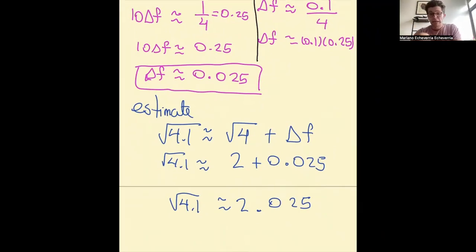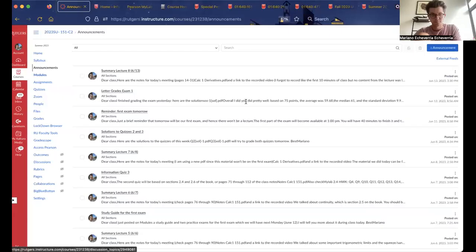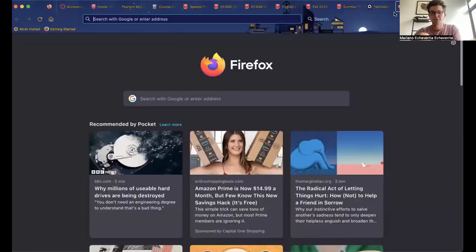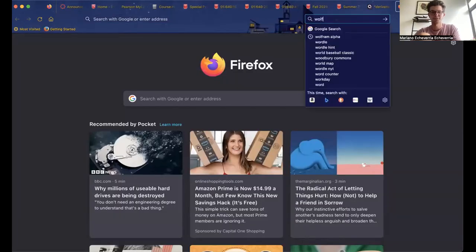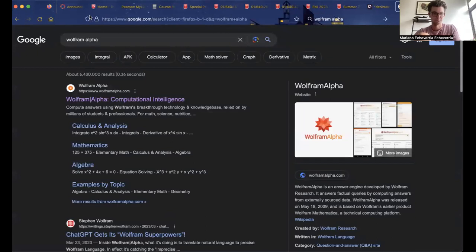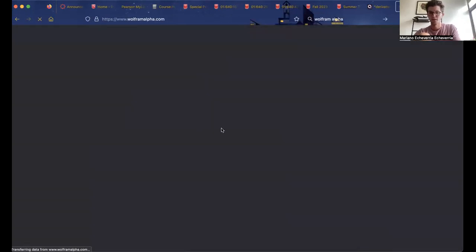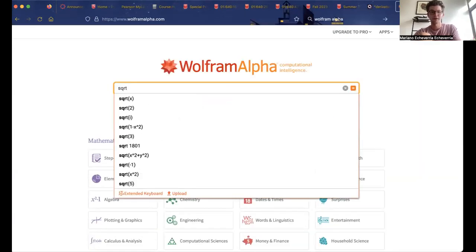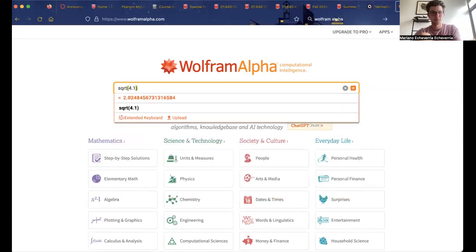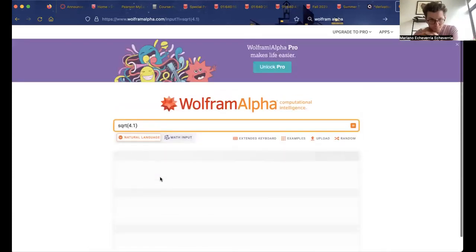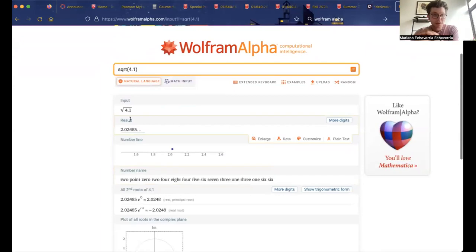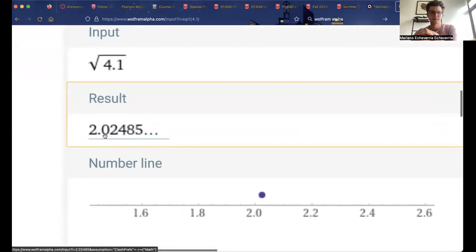In fact, if you go to Wolfram Alpha, for example, or if you have a calculator around you, you can put in Wolfram Alpha the square root of 4.1. And it gives you this, right?